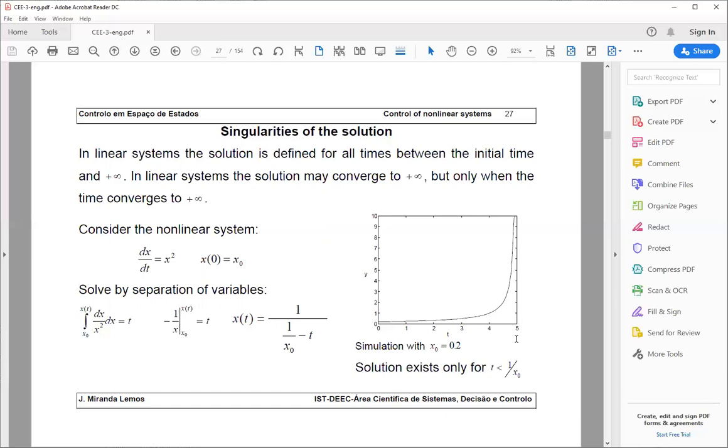This is something that can never happen in linear systems, because in linear systems, you go to infinity according to exponentials, or exponentials multiplied by polynomials in t. They reach infinity, but they take an infinite time to reach infinity. And you can see that in this example, you could reach infinity in a finite time.